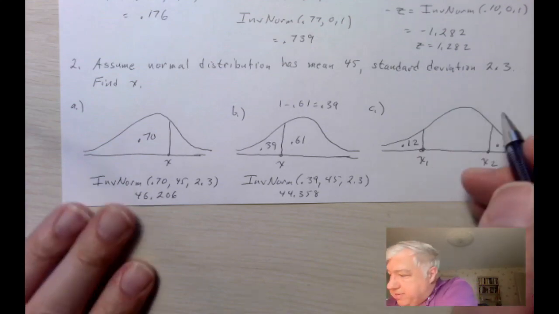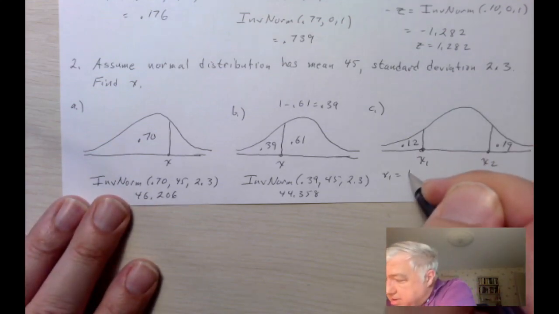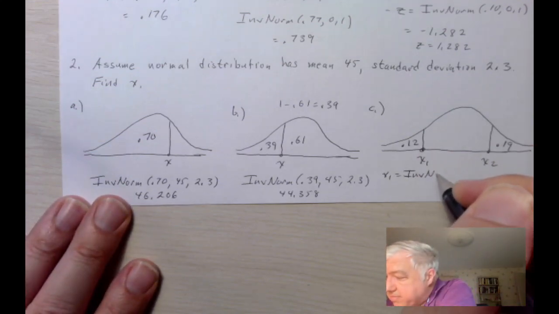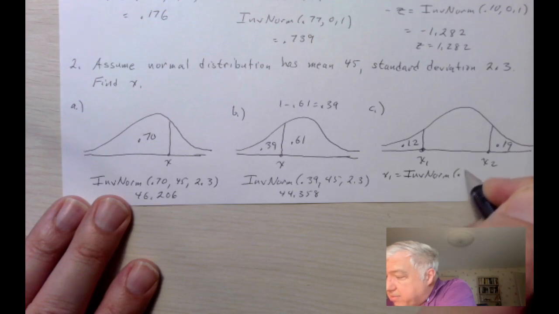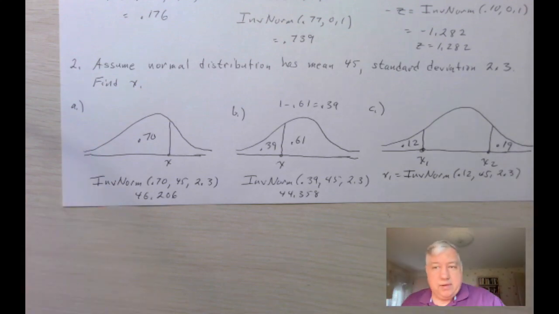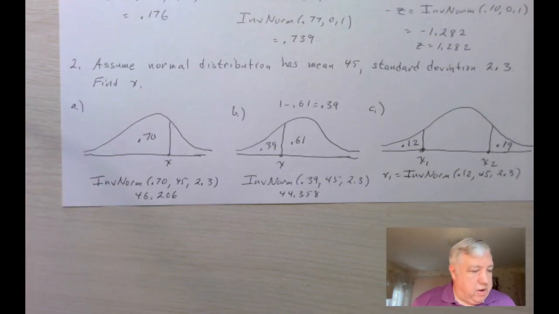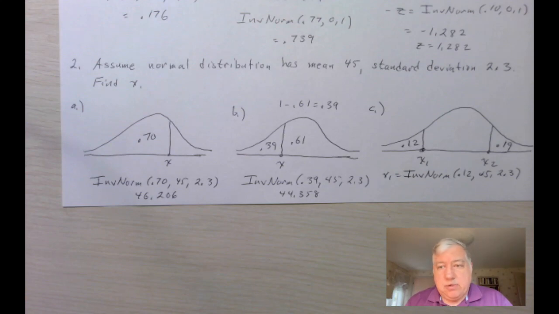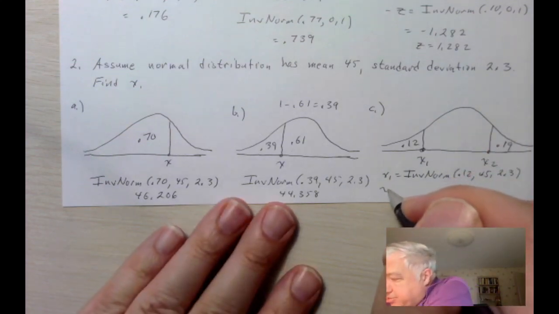So x1 is going to be the inverse norm of 0.12, 45, 2.3. And I don't have room to tell you, I'll just tell you that the answer to that is 42.298. And then what is x2?